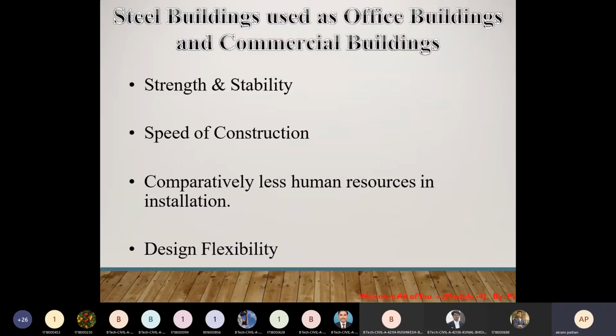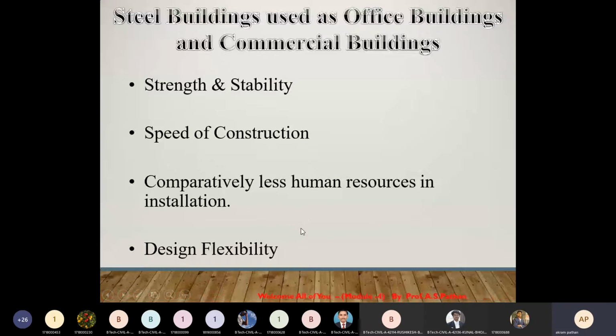Then we have design flexibility, which once again plays an important role. Design flexibility means at any situation you can modify the design. For example, in an office or commercial building, if you fix a dimension for the beams or columns, at any moment you can modify that design. So that is the design flexibility we can achieve in steel construction.